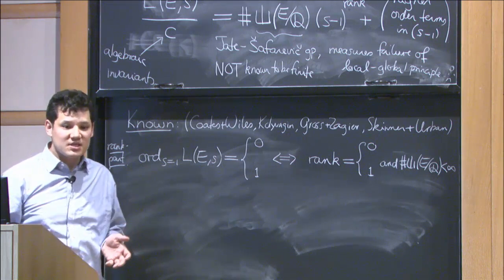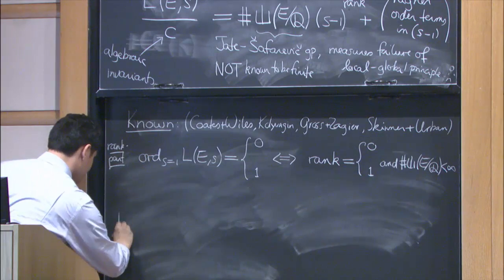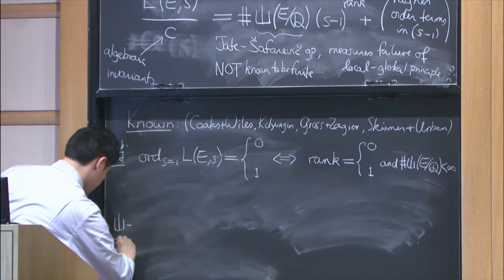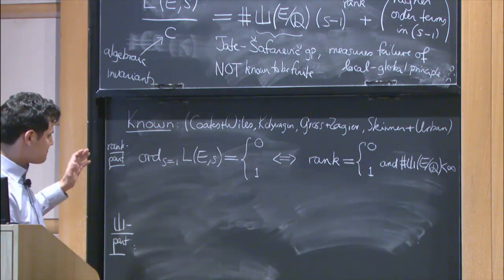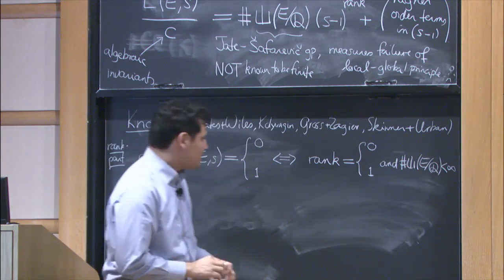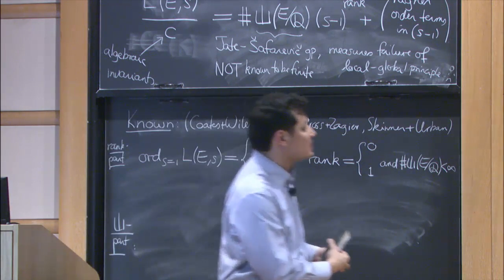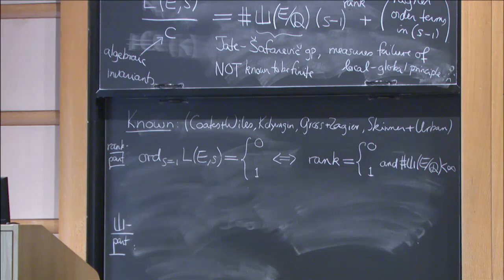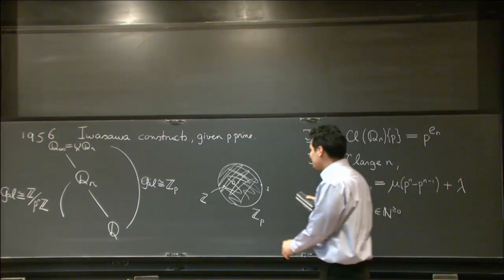But we would also like to say something about SHA other than just that it's finite. So what about the SHA part? One strategy to understand the size of this number SHA is to understand the p components, the p primary components.